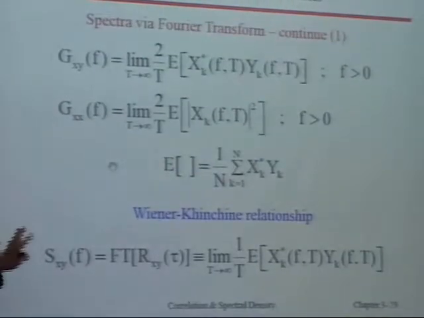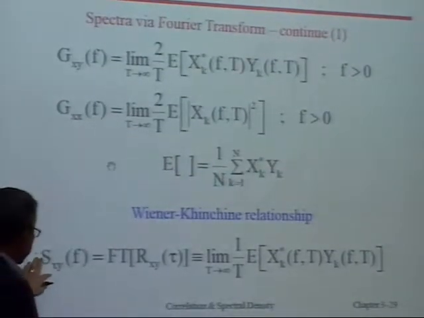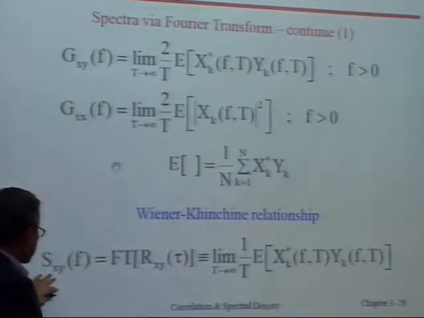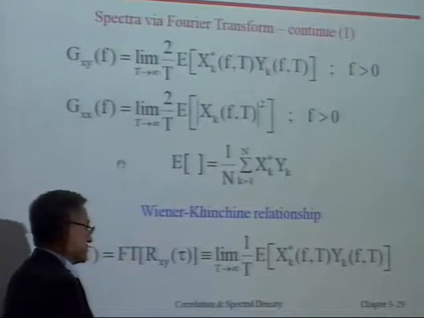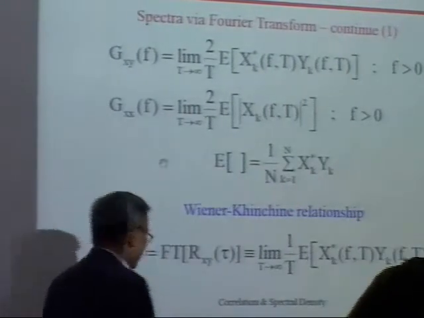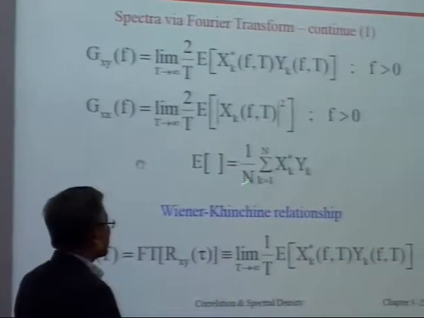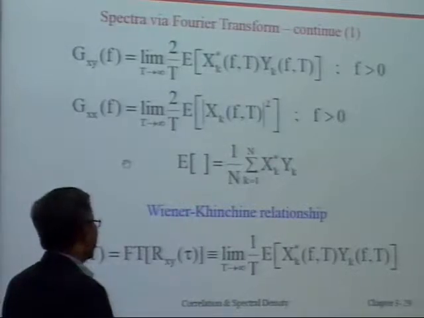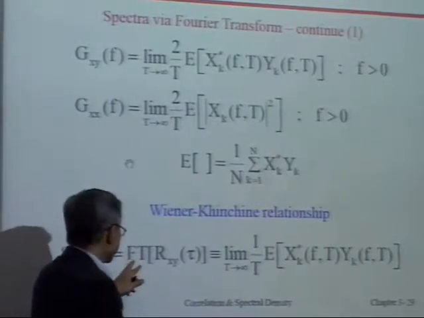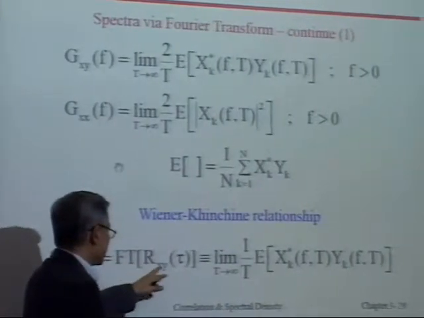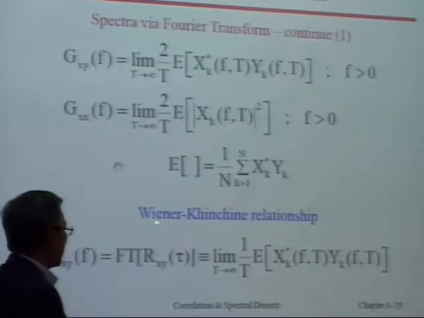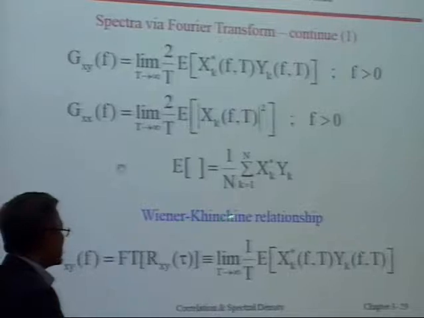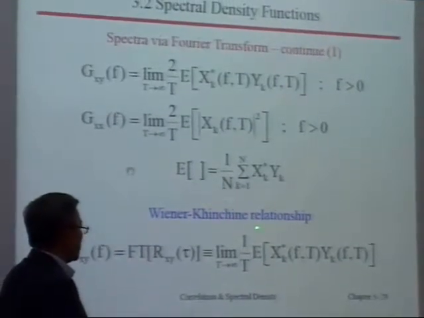And this approach, Sxy is equivalent to Fourier transform. Boy, so fast. I like this green color. So Fourier transform of Rxy, and this is a Wiener-Khinchin relationship.